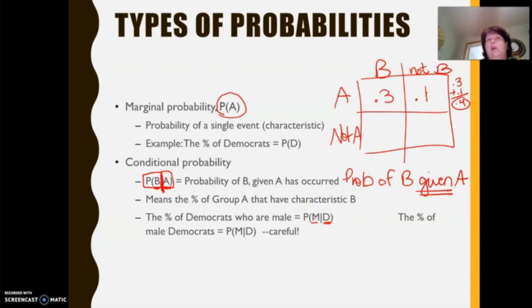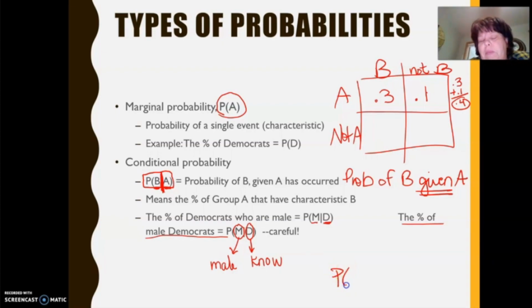Male, or a percentage for. The percentage of male Democrats, that sounds a little harder, but it's still male Democrats, so you know they're a Democrat. And what's the probability of being male, knowing that you're a Democrat?